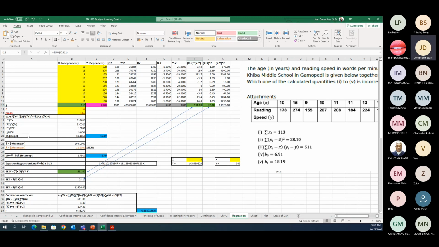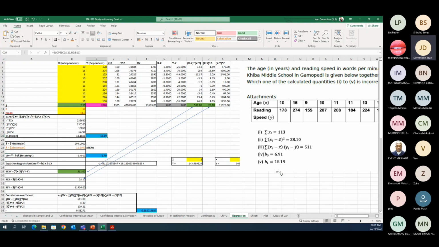So as you will see, what has been used. You can see there the whole formula is added for you on how to calculate B1, which is the slope, and the formula has been included here and here so that you can see how to calculate B0.